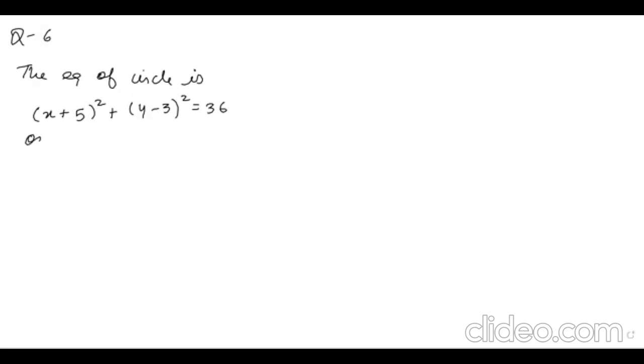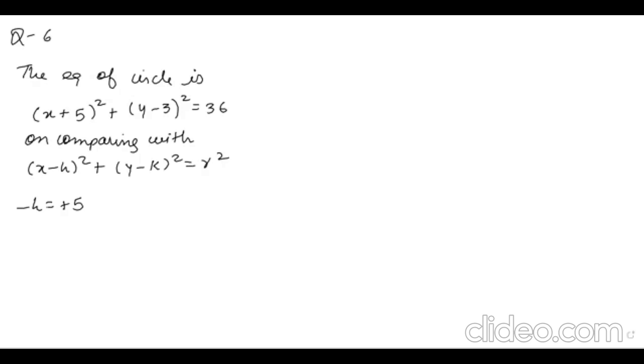So on comparing with x minus h whole square plus y minus k whole square is equal to r square, here I can say that minus h is plus 5 and minus k is minus 3, whereas my r square is 36.